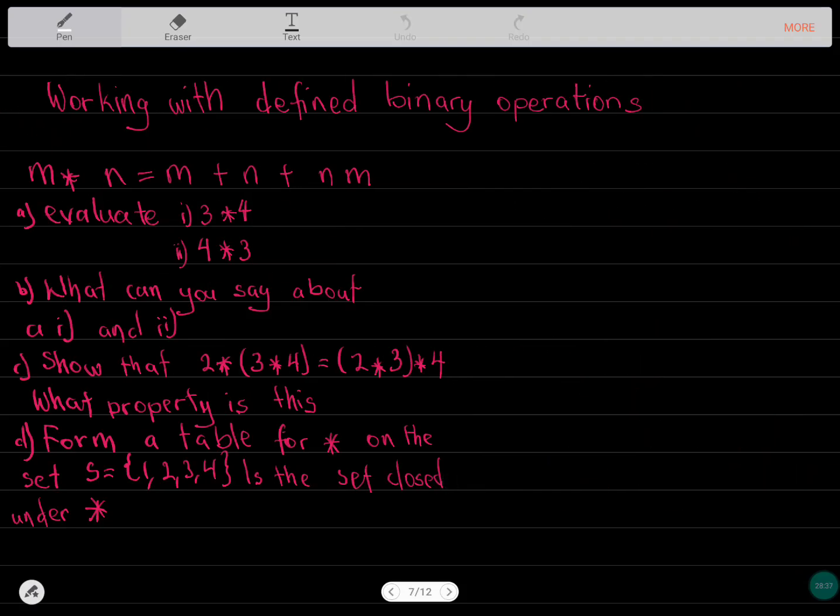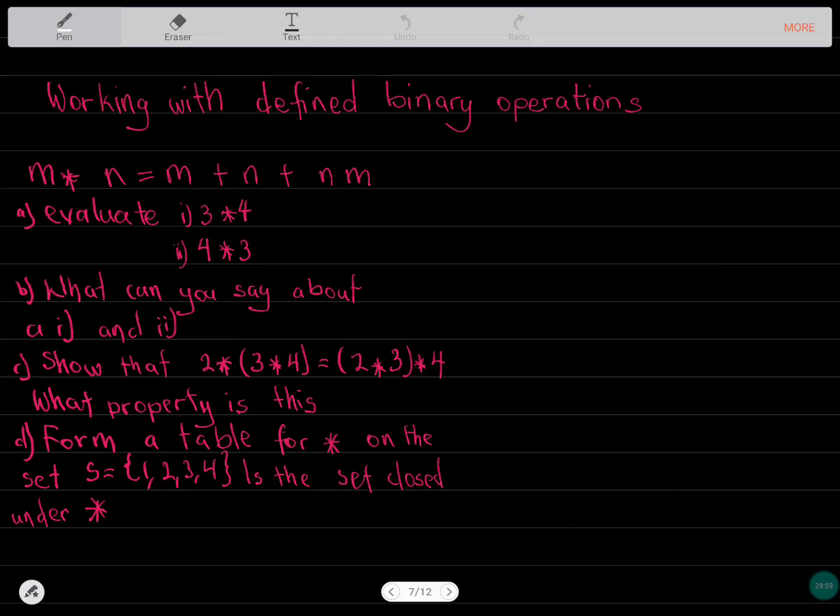Let's conclude this by solving this example. Here we are working with defined binary operations. It is not always that we will be given addition, subtraction, or simplified binary operation. In some cases, the operation will be defined for us, like the case we have here.